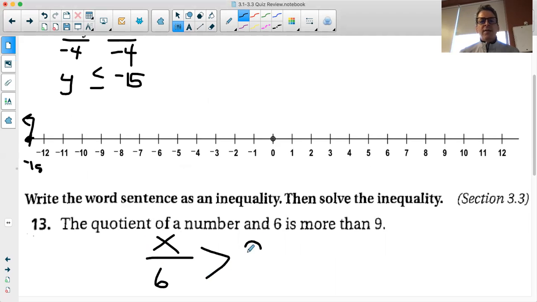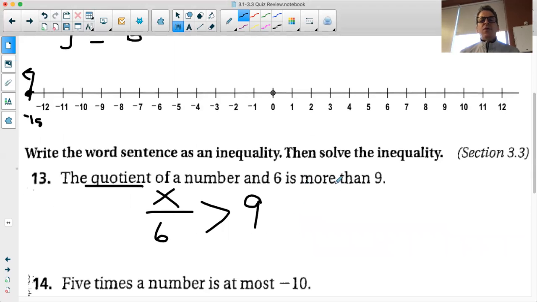Quotient is division, a number is x. x divided by 6 is greater than 9. So in order to solve this, we're going to multiply by 6, and your answer becomes x is greater than 9 times 6, which is 54.